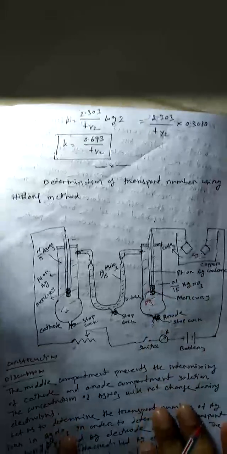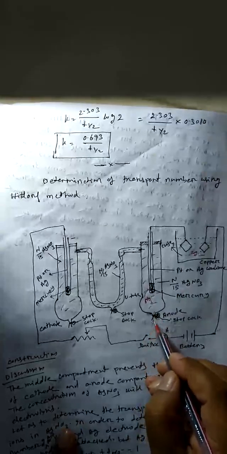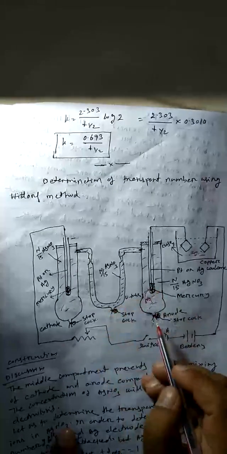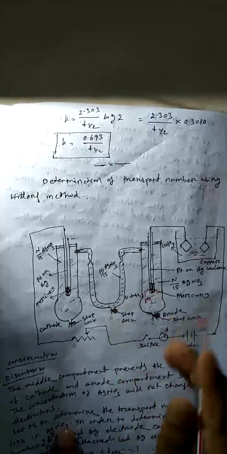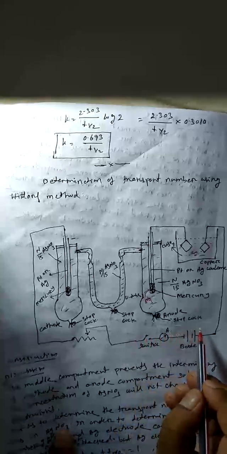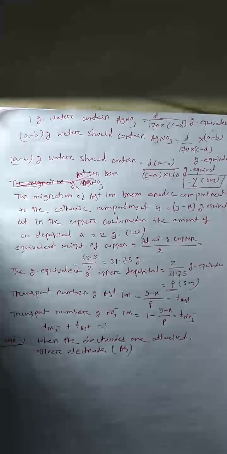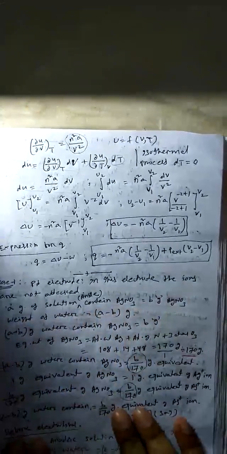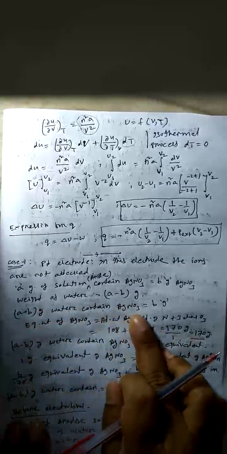The same process we have to take. You remove the solution from the stopcock and measure it, let it be a gram, and suppose by titration method it contains b gram of silver nitrate. So a gram of silver nitrate solution contains b gram silver nitrate. Weight of water is a minus b gram. Then a minus b gram of water contains b gram silver nitrate.